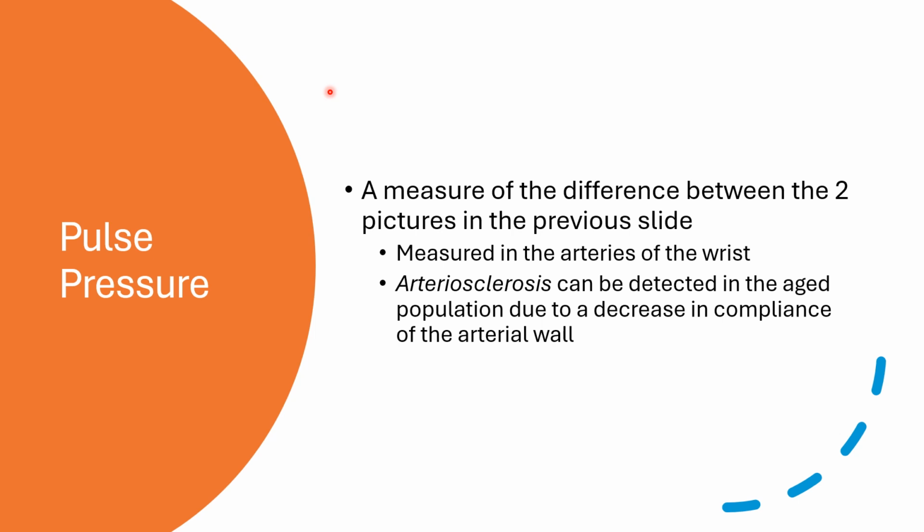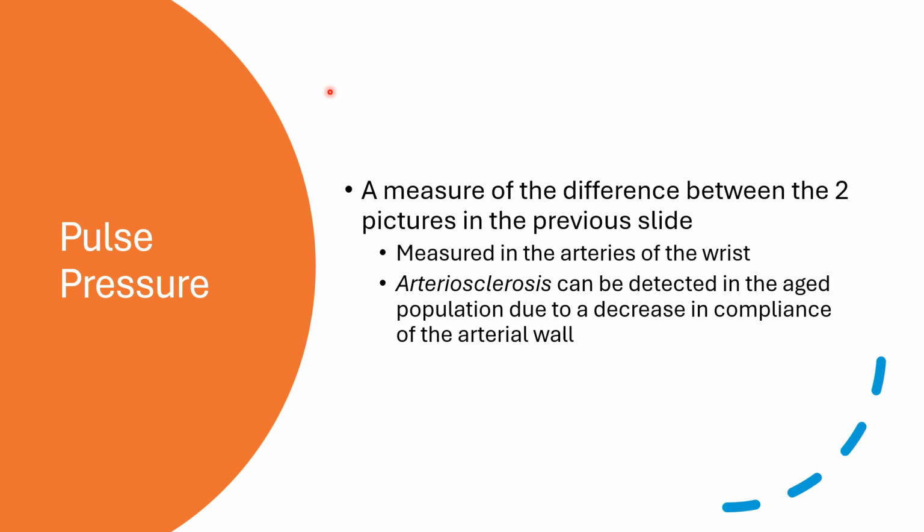So that's what's going to give you that pulse sound that you feel, the ba-bump, ba-bump, ba-bump. It's that elastic recoil, fill up, recoil, kind of like a balloon. Then it fills up again, recoils, fills up again, recoils. And you're feeling that in the arteries of the wrist.